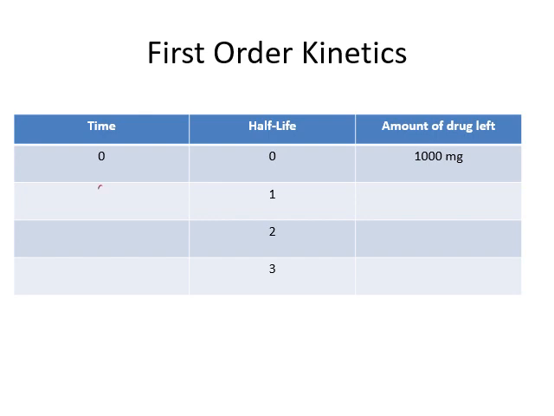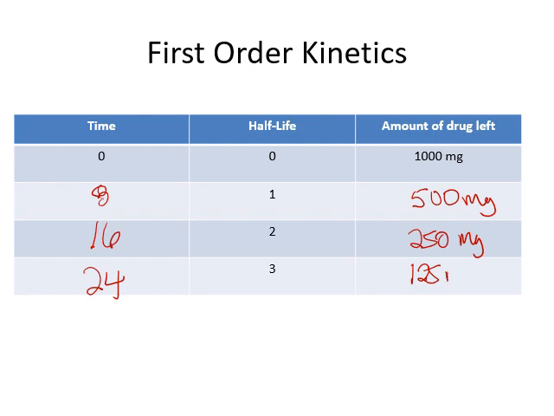If the first half-life is at 8 hours, then we have about 500 milligrams left of the drug. Two half-lives would be 16 hours, and we would have 250 milligrams of the drug. And at 24 hours, which is what the question is asking, we can expect about 125 milligrams of the drug.